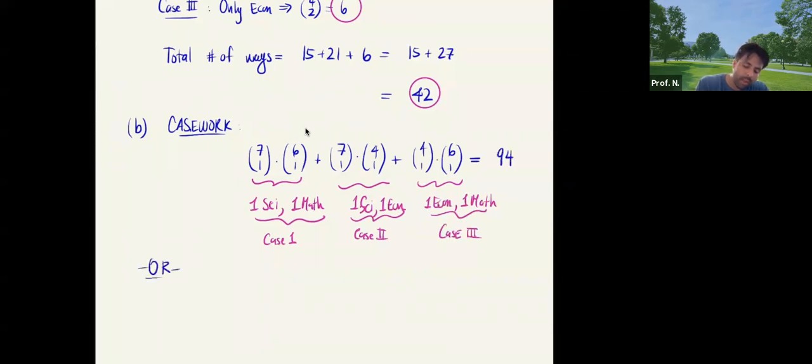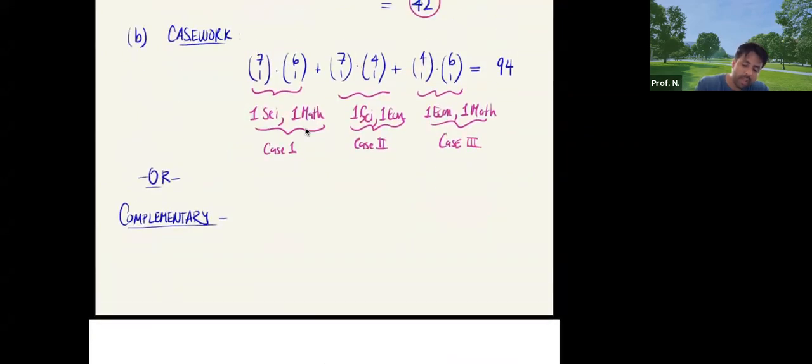Or you can think of it as a complementary version where you say, wait a minute, I already figured out the complement of having different subjects, which is the same subject. So this would be 17 choose 2 minus 42. 17 choose 2 is the total number of ways, and 42 is the total number of ways for same subject.